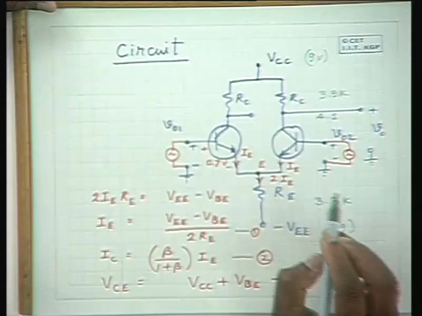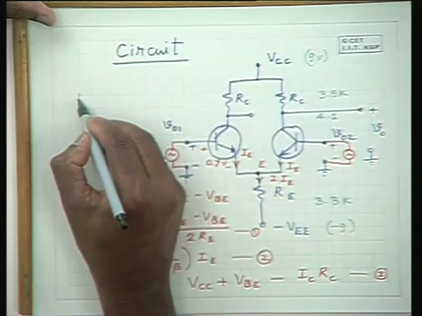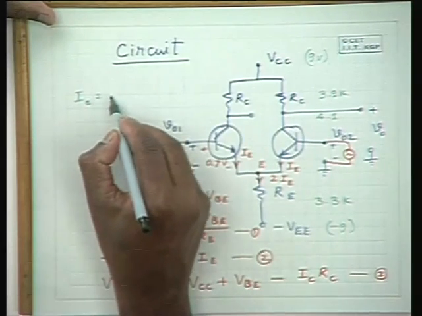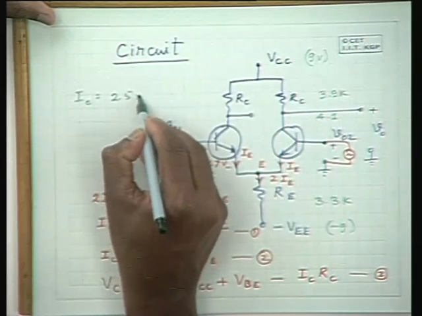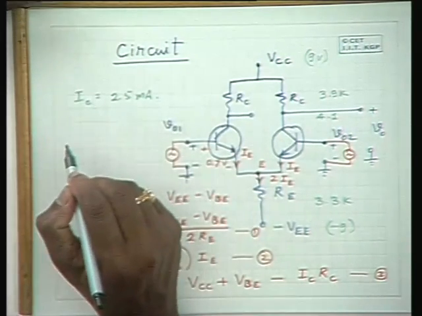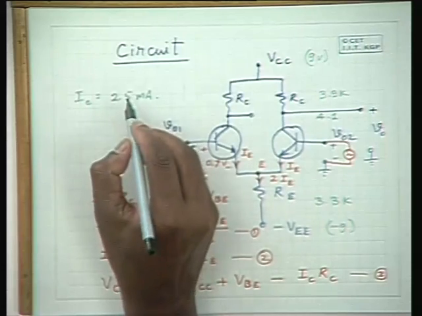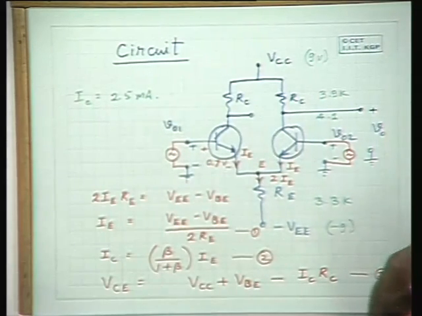And you can determine IC as 2.5 milliamperes, considering beta as much greater than 1.